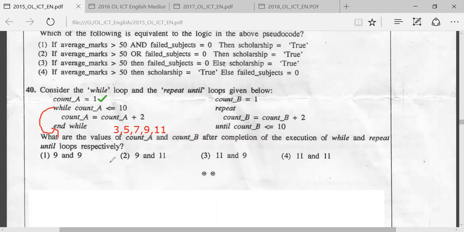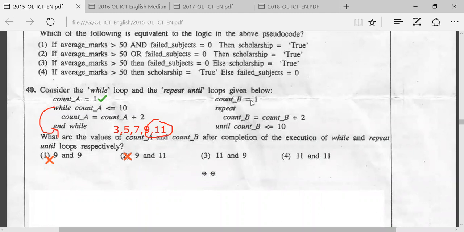So here, the current count A value is 11. Depending on that output, we can remove these two, 9 and 9. Then next part, count B equals 1. Repeat until loop.